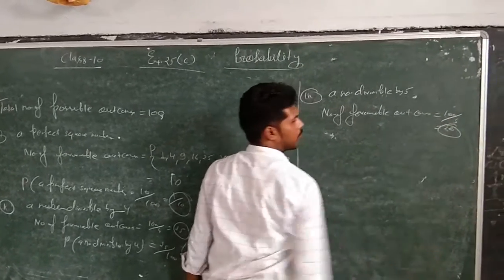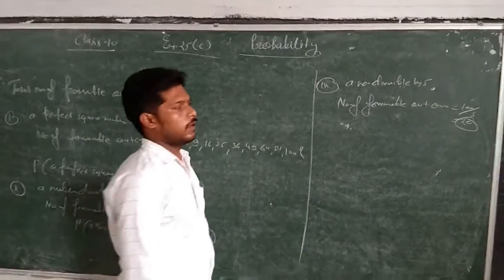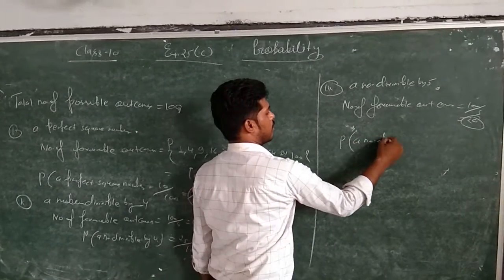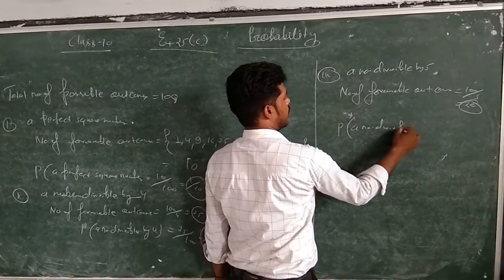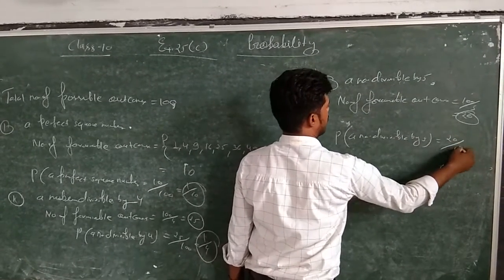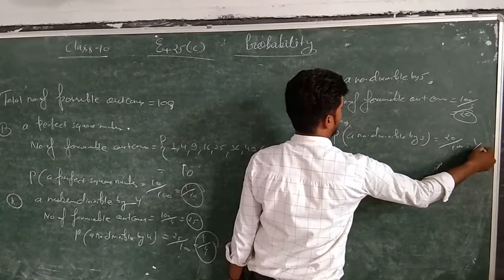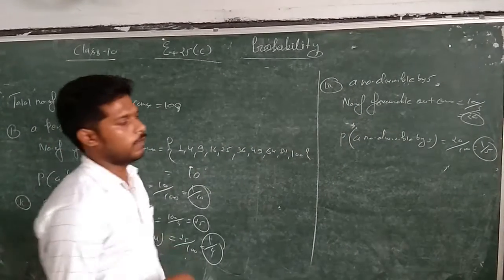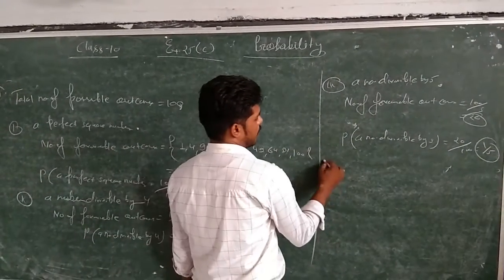There are 20 numbers which are divisible by 5, but we have to find out the probability of a number divisible by 5, which is equal to 20 upon 100 is equal to 1 upon 5. It means out of 5 marble stones, there is one marble stone which is divisible by 5.